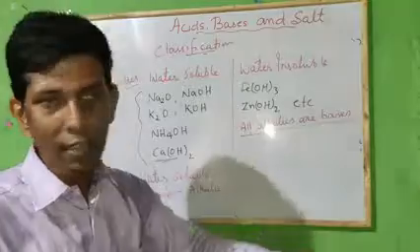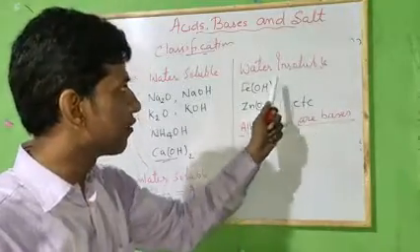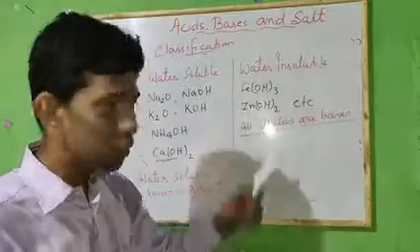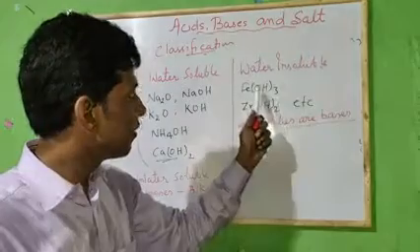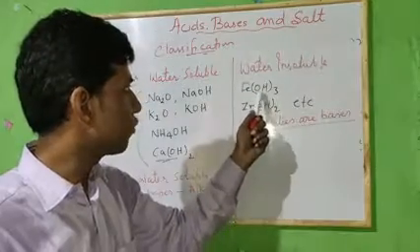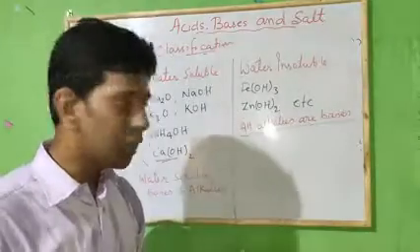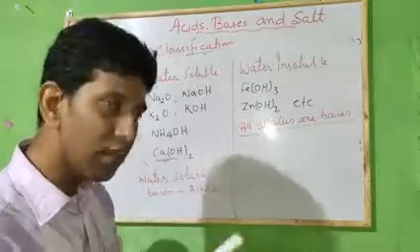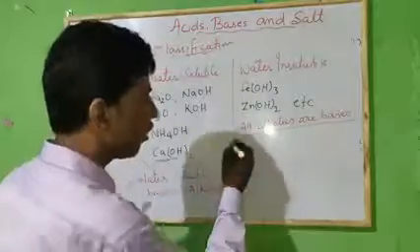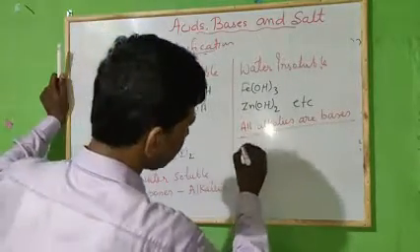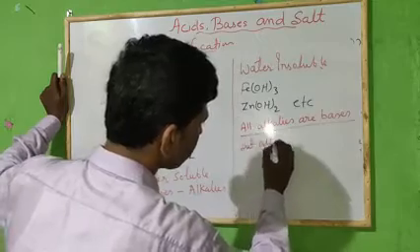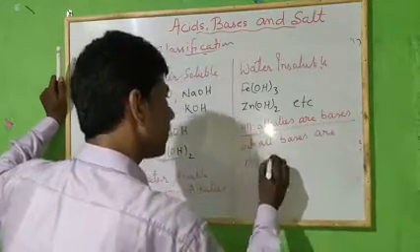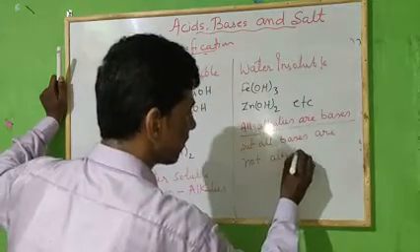So all alkalis are bases, but all bases are not alkalis. Fe(OH)3 is a base, Zn(OH)2 is a base, but these bases do not dissolve in water, so they are only bases, not alkalis.